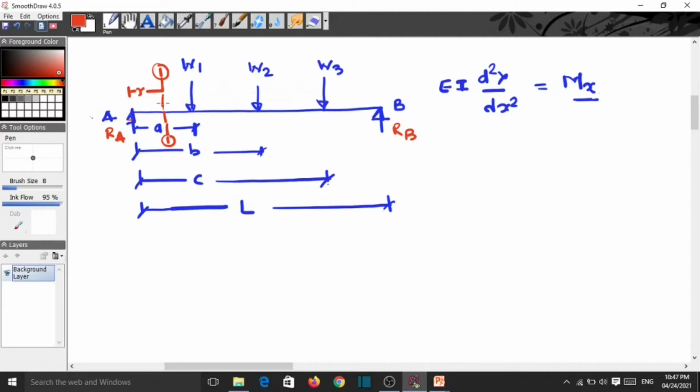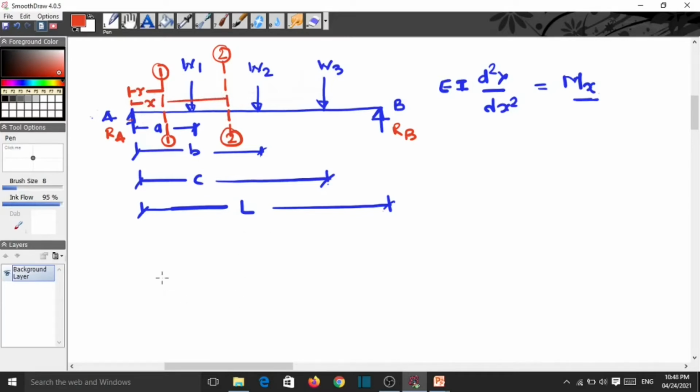So now for the first section, this x is here, then from W1 to W2 we again make a second section, because there is a change of the loading. So this is section number 2, and again this is our x.